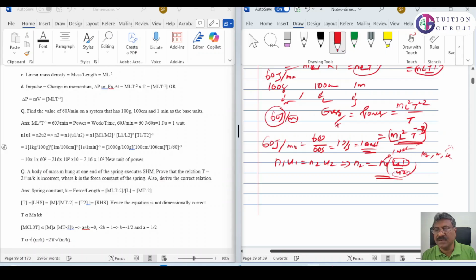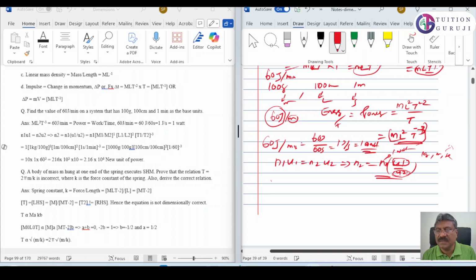So we have to find out the value in another unit having 100 gram, 100 centimeter and 1 minute, the new value for 60 joule per minute. This is what we want to find out.